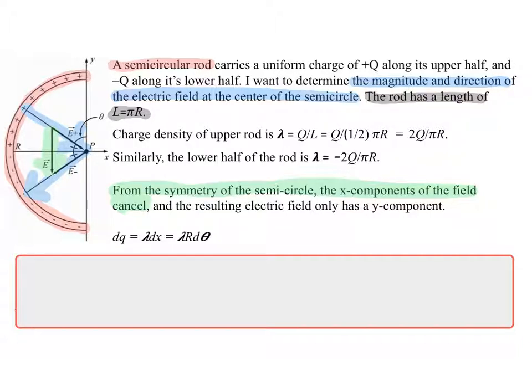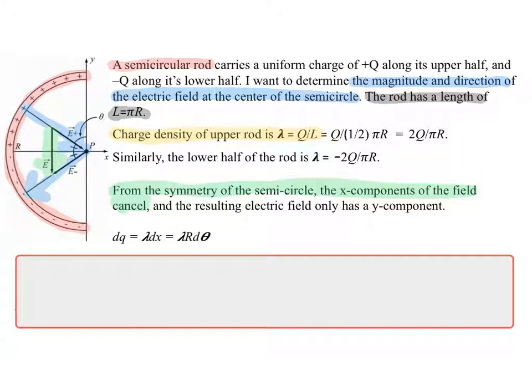A few little housekeeping chores. Charge density, at least of the upper rod. If it's going to be linear charge density, it's going to be charge per unit length. If it were area charge density, it'd be charge per unit area, et cetera. We tend to do a lot of linear charge density for electrostatics.